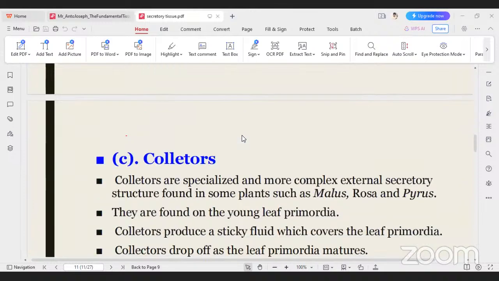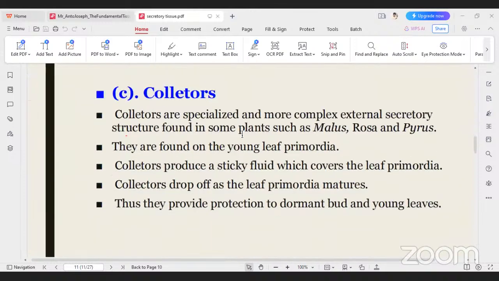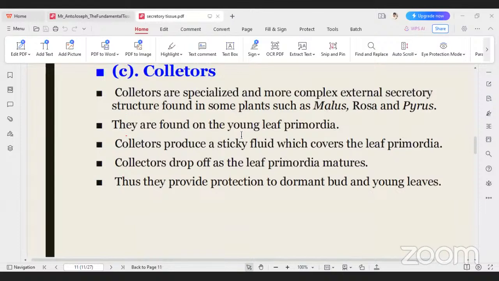And another glandular structure is the collectors. The collectors are also specialized, more complex external secretory structures found in some plants such as Malus, Rosa, Pyrus. They are found on the young leaf primordia. The collector produces sticky fluid which covers the leaf primordia.